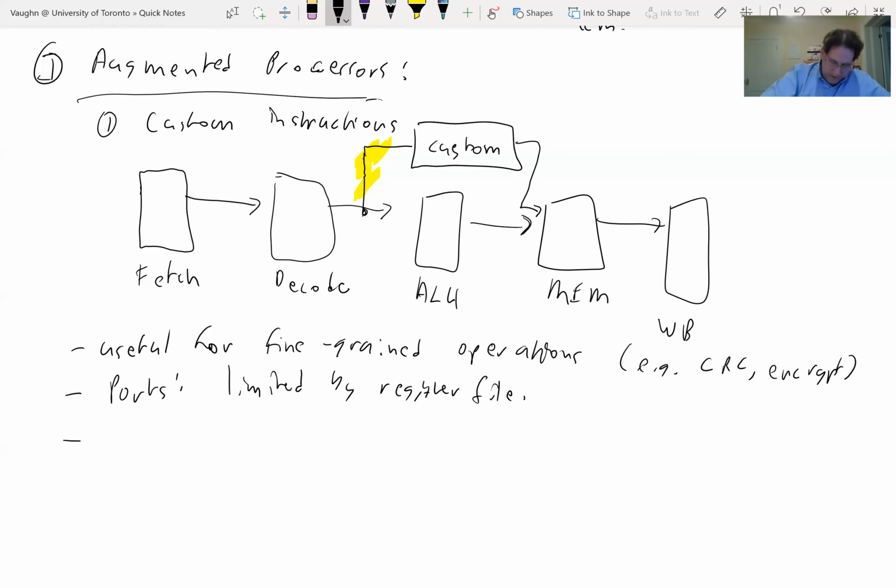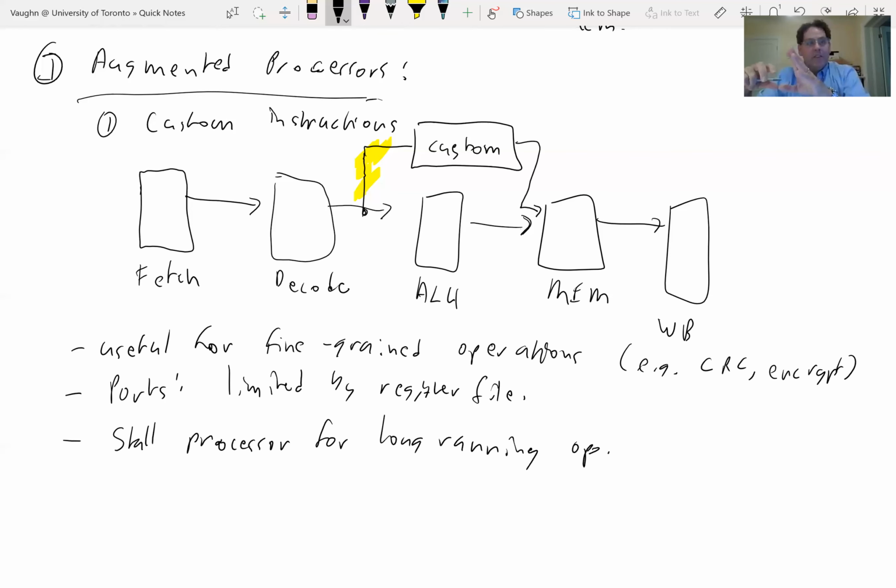So if it's a coarse-grained operation, we're going to have to stall the processor if it's a long-running operation. You can do that, but it basically reduces your parallelism. This custom instruction now could take many cycles. It's perfectly legal, but we don't want to make an incredibly complex soft processor because that's going to take too much area.